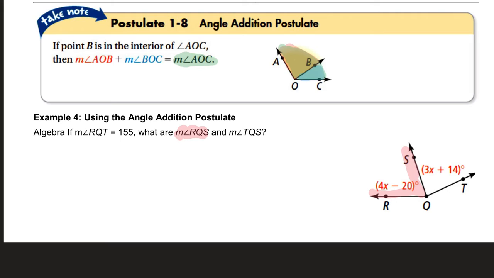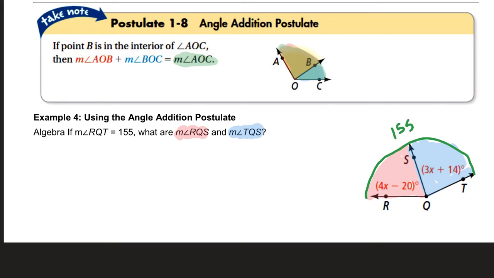Okay, so RQS is that measure. TQS, I'll use blue. TQS is this angle right here. Those measures, when added together, equal the entire measure of RQT, which is 155.